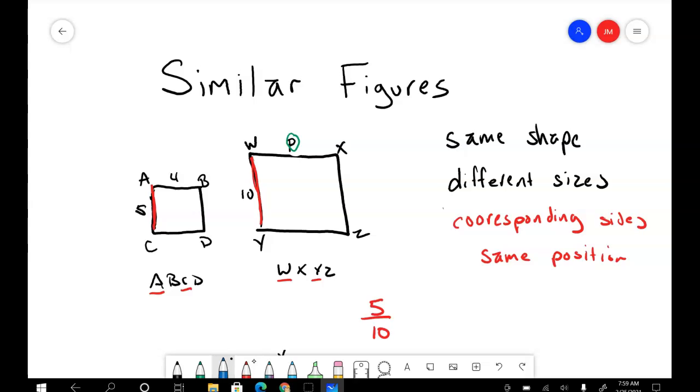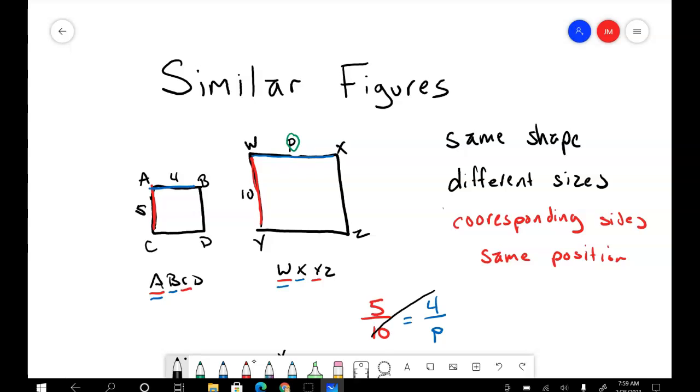And if I look at line AB, it corresponds with line WX, which gives me 4 to, it's my unknown, 4 to P. I'm going to put an equal sign in there, and then we can solve for that. If I look at my letters as I wrote them out, line AB corresponds with line WX because they are in the same position. The letter way is a really good way to know how to write proportions with similar figures.